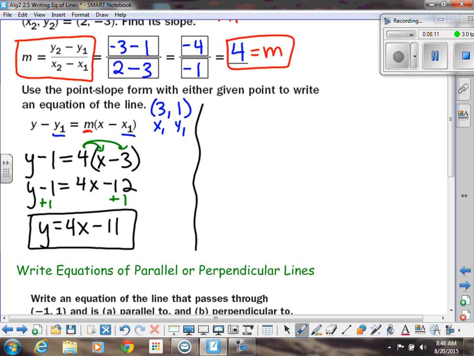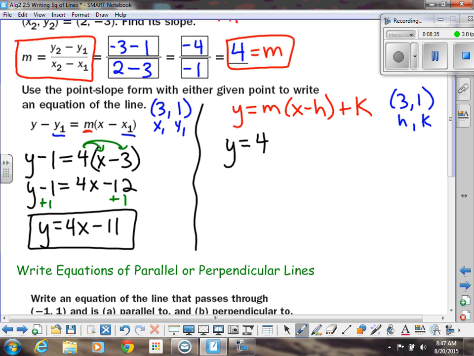So HK form, remember, is y equals m parentheses x minus h plus k. And my HK is that 3, 1. So that's my h, and this is my k. Remember, 4 is still the m. So when I do this, I'm going to have y equals m is 4 from right there above. Then I have x minus h, that's x minus 3, and then plus 1.